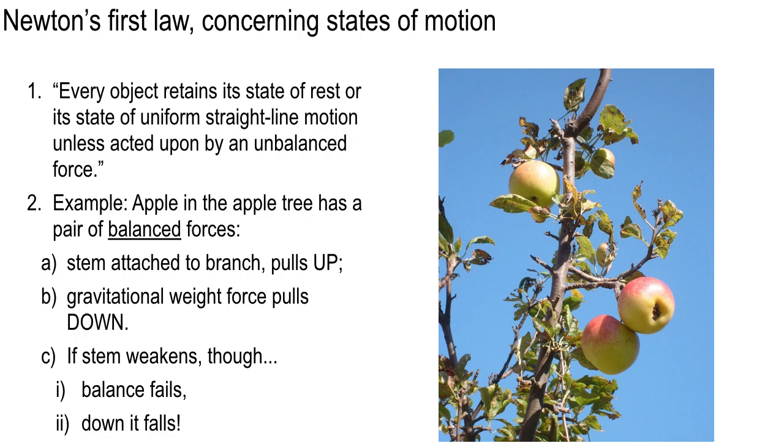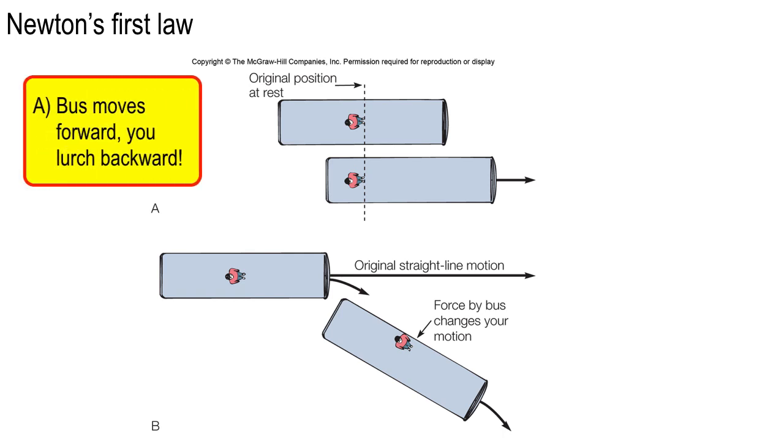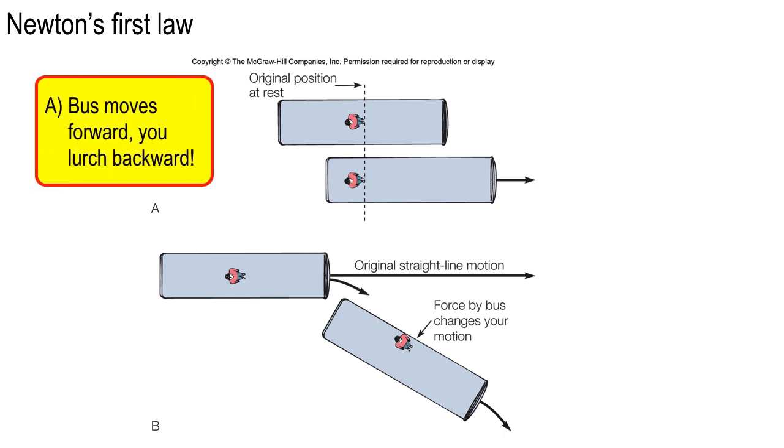Now, here's another application of Newton's first law, the law of inertia. Think about a bus, and this is mentioned in the textbook as well. If the bus moves forward, you're standing out in the aisle, the bus moves forward, you're going to lurch backwards. You're going to go, whoa.